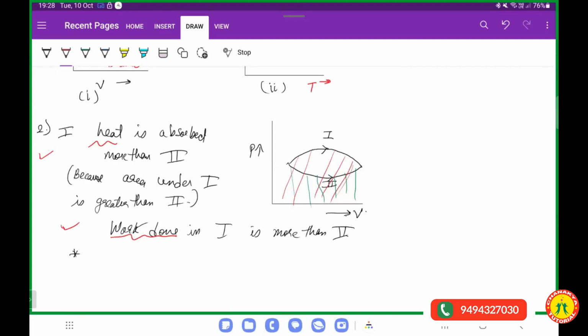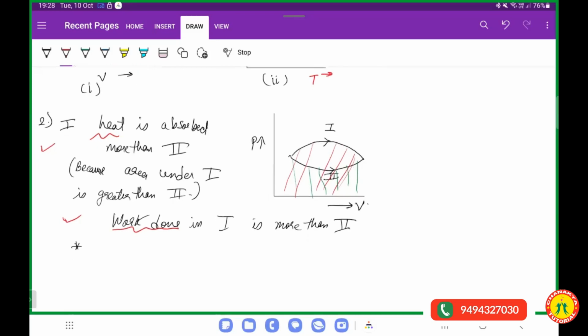Yes? Temperature? Yes, internal energy. What will happen to internal energy?